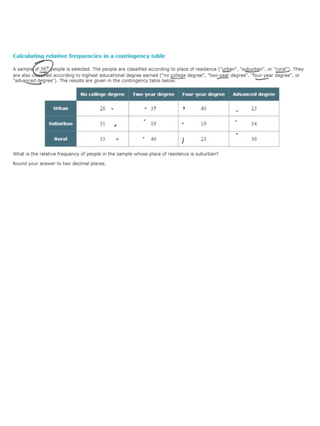What is the relative frequency, or basically the percentage, of people in the sample whose place of residence is suburban? Here are all those suburban people.